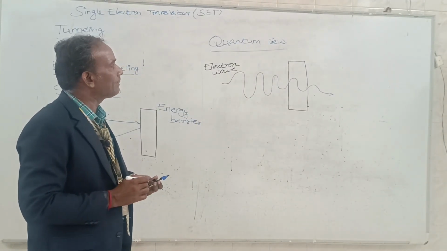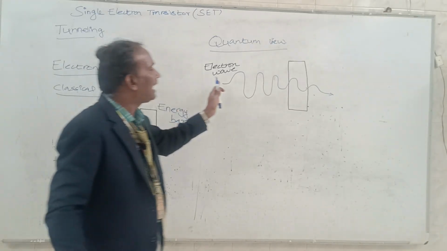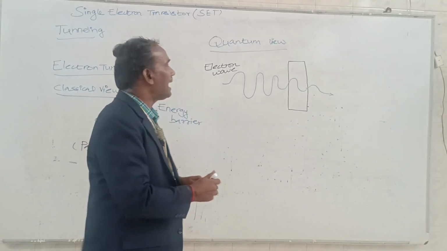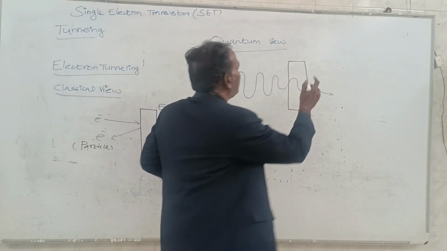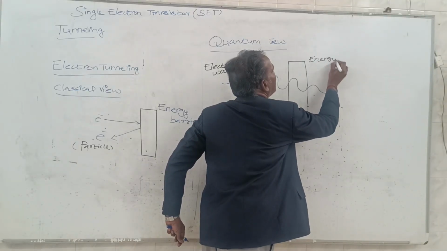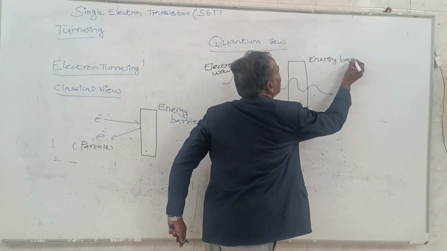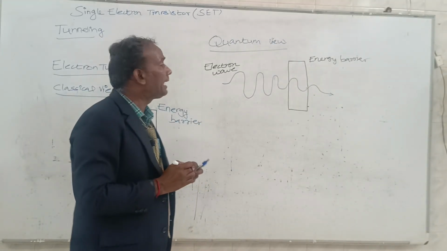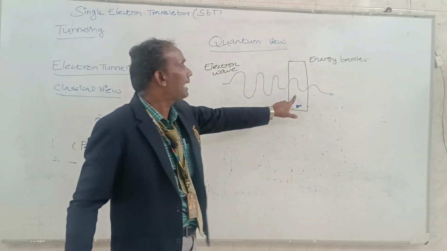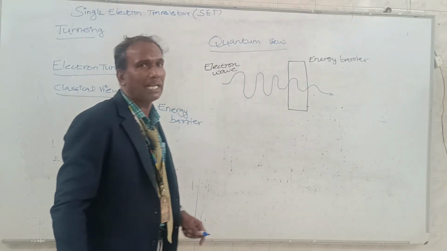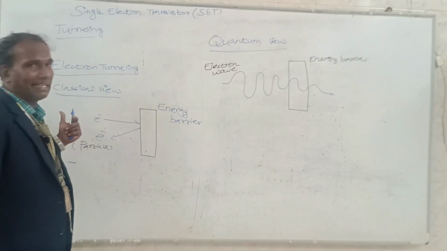Since the electron exhibits its wave nature, whenever it experiences an energy barrier, it can penetrate through the energy barrier and come out of the other side of the energy barrier, unlike the earlier case.